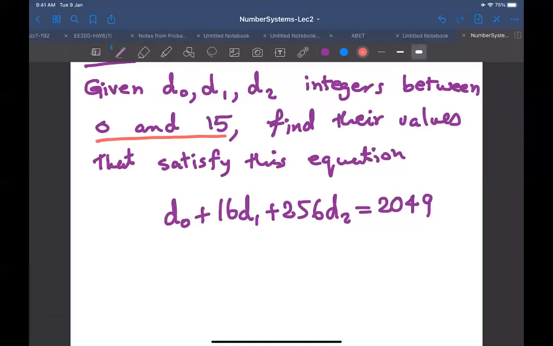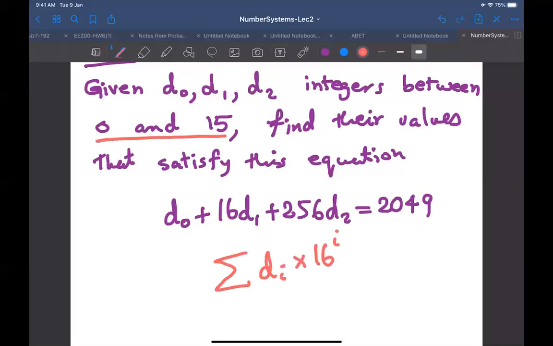Hexadecimal. Yeah, these are hexadecimal digits, right? So hexadecimal digits on the left hand side that are multiplied by some numbers is equal to a decimal number. What is this? A conversion from hexadecimal to decimal, right? So for the conversion, what do we use? We use this formula here: summation of Di multiplied by 16 to the i.